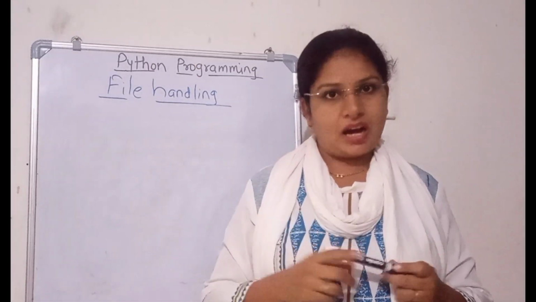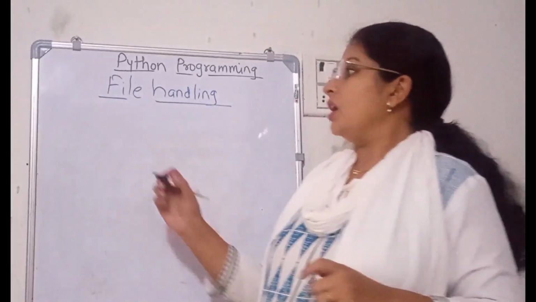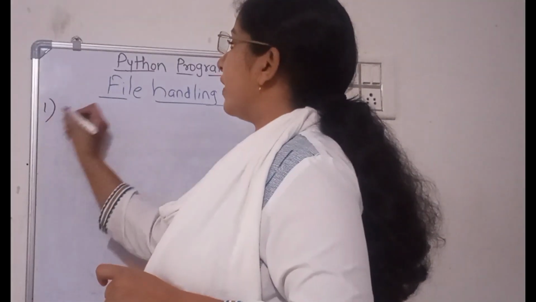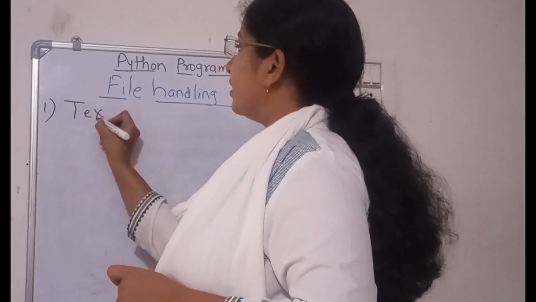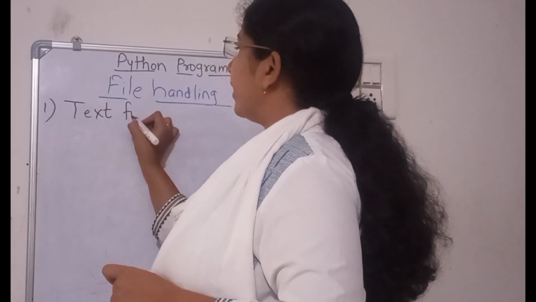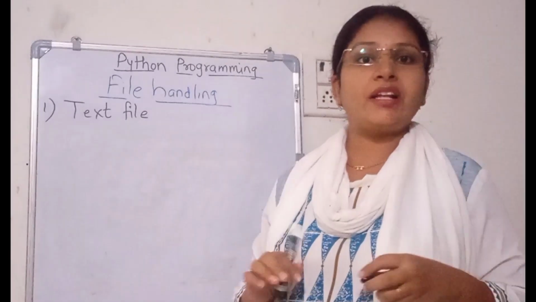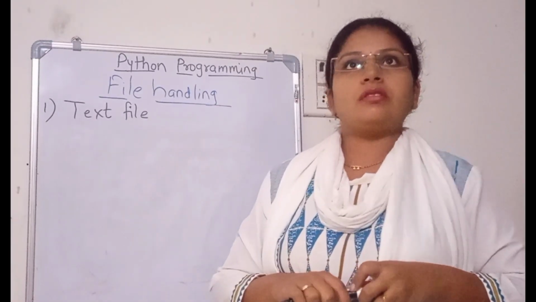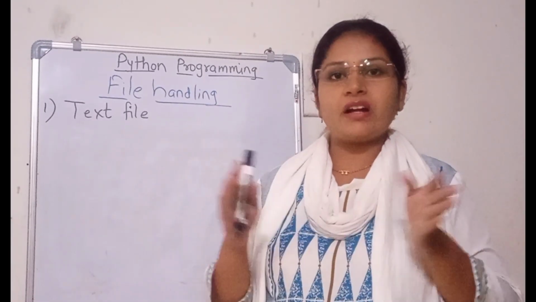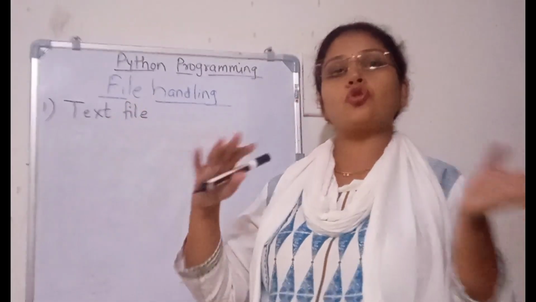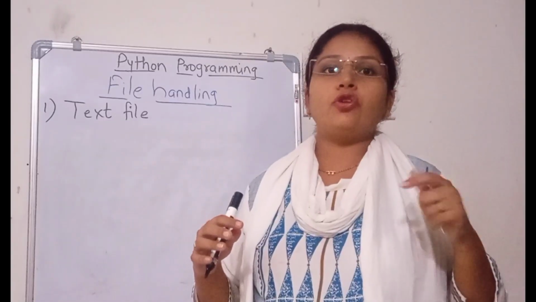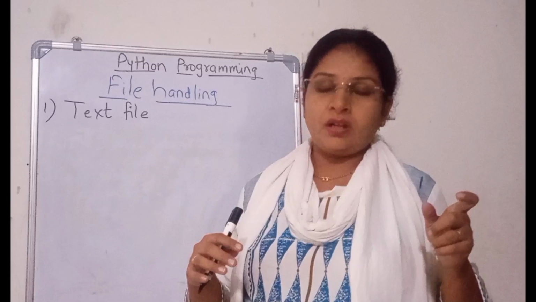Now first we will start with the text file. When it comes to the text file, you need to understand the text file format very well. First of all, how the text file is created. In Python, whenever we are connecting a file to the Python program, we usually use Notepad, right?